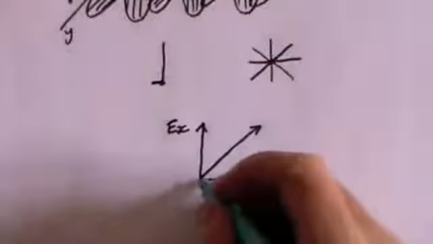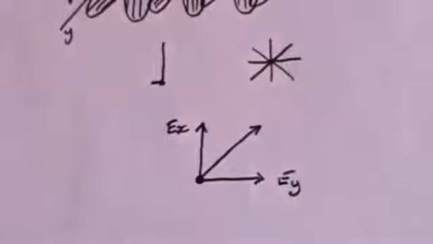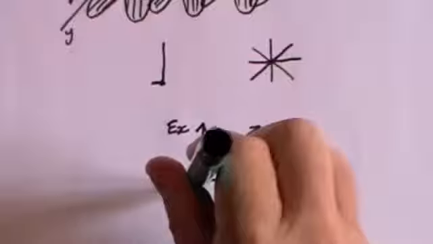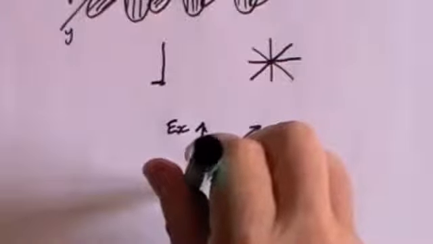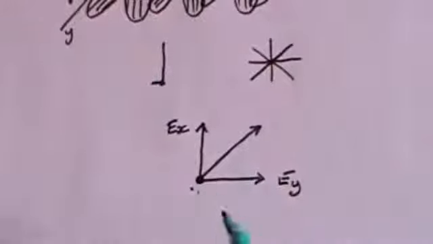Remember we're looking head on at the wave coming towards us, so the Z coordinate is coming out of the paper. So we've got X and Y and Z coming out of the paper. And I just remind you again, the E field cannot have a Z coordinate if Z is the direction of travel of the wave, because E must always be perpendicular to the direction of travel of the wave.